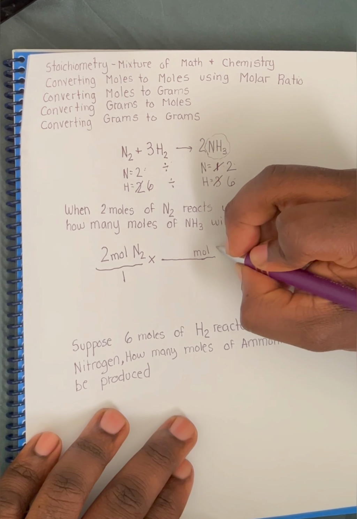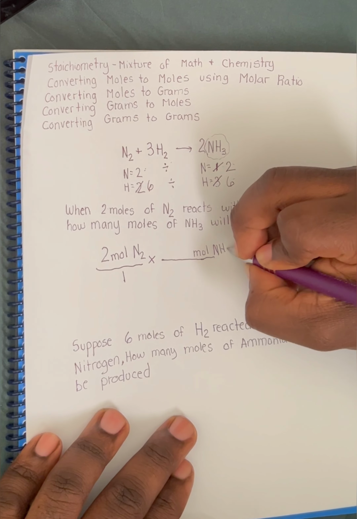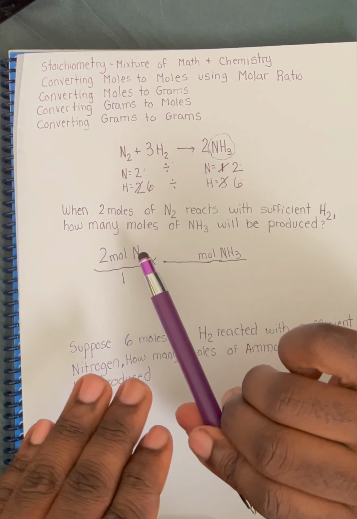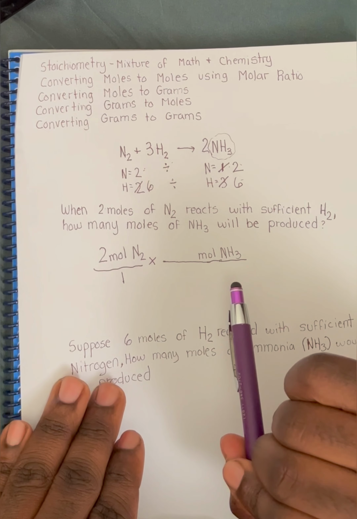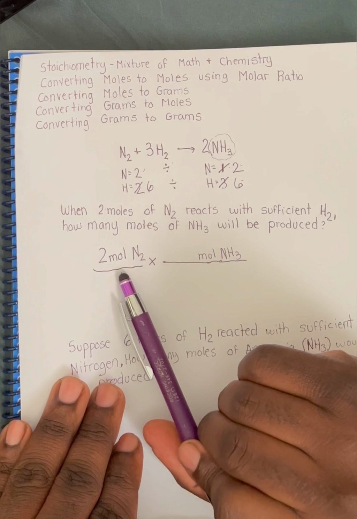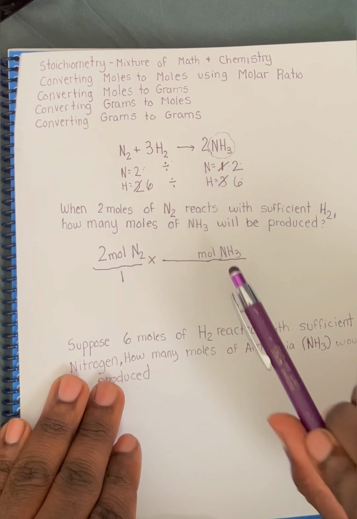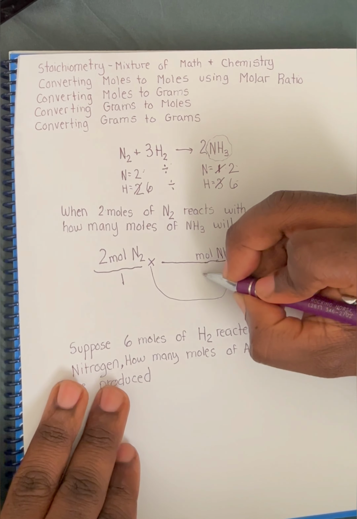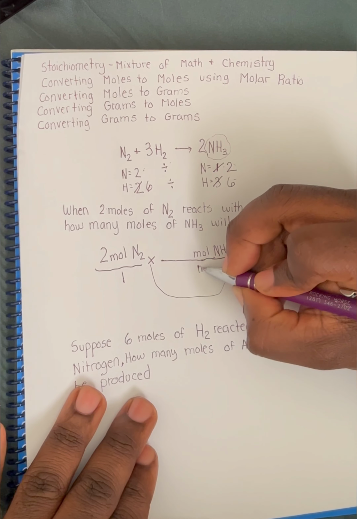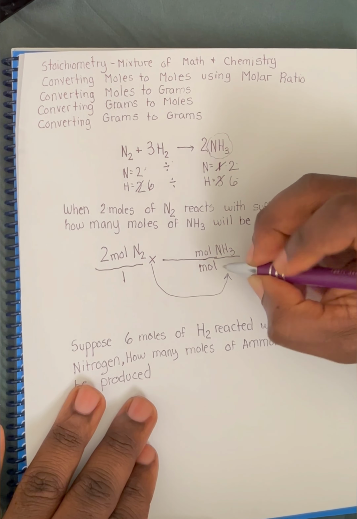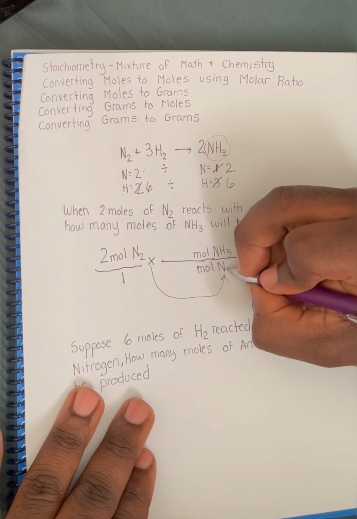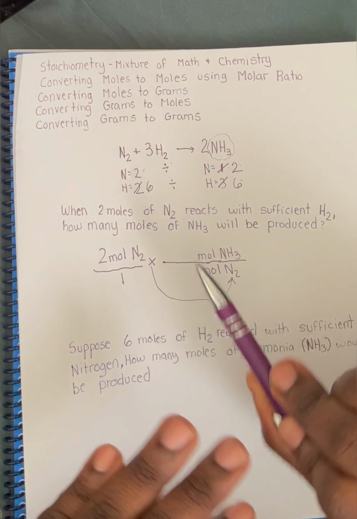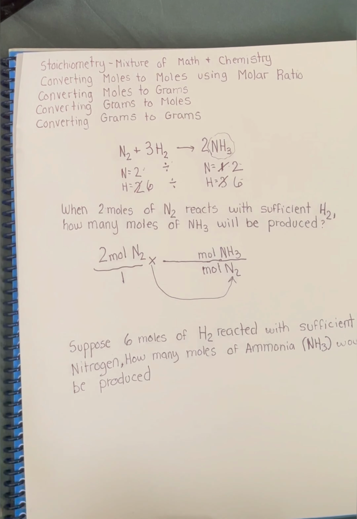Moles NH3. So whatever is on the top of this goes on the bottom of this. So since this up here is moles of N2, down here is also going to be moles of N2 because those are going to cancel out when we multiply. So moles of N2. Then once you have that, you're going to go back to your equation to find the molar ratio.